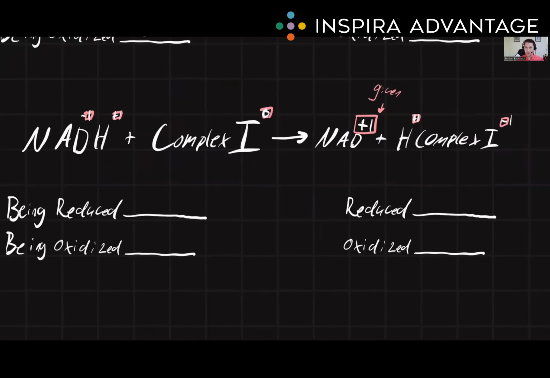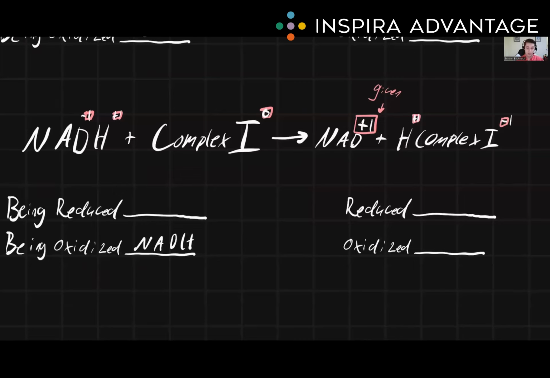Okay, so now it's time to use the rules of OIL RIG to figure out who is being reduced and who is being oxidized. Because the NAD in NADH is going from -1 to +1, we know that it is being oxidized. So we can fill that in. Complex 1, on the flip side, is going from a charge of 0 to a charge of -1.